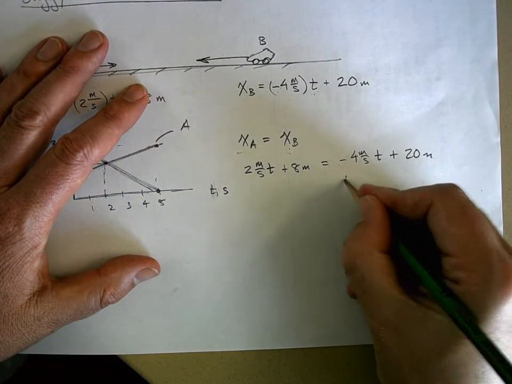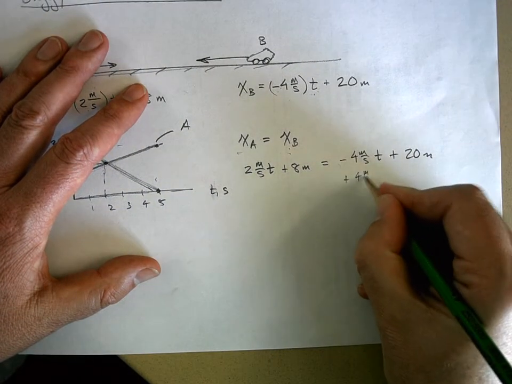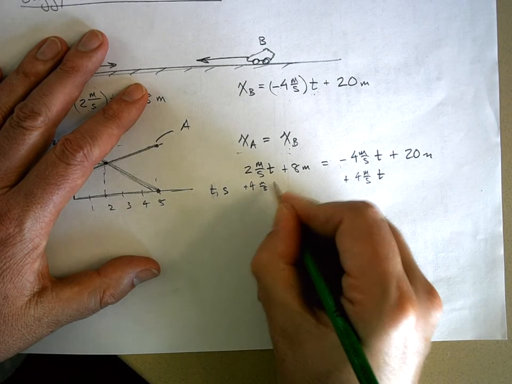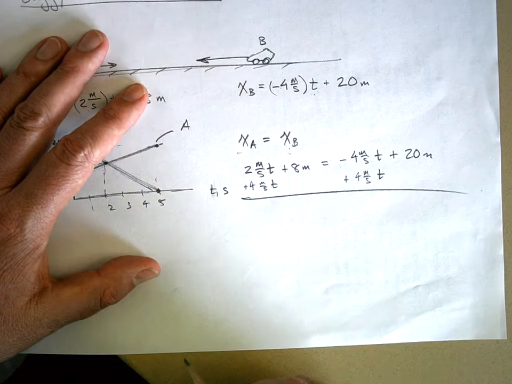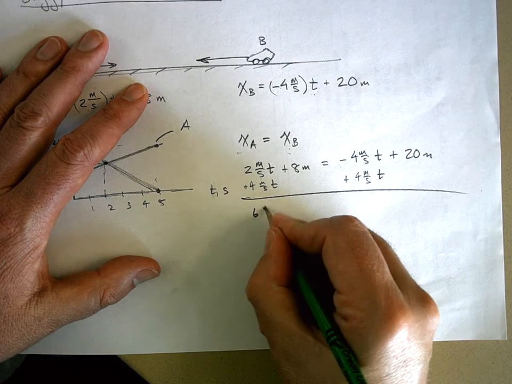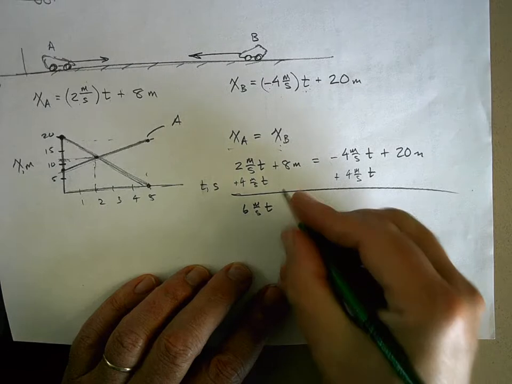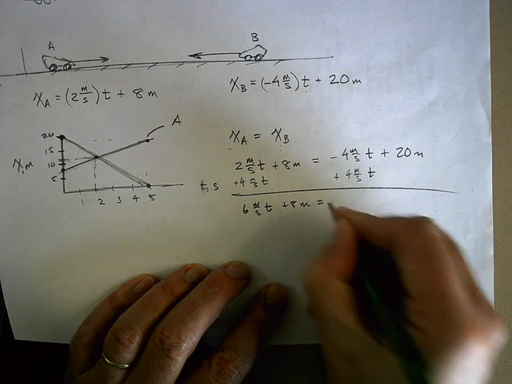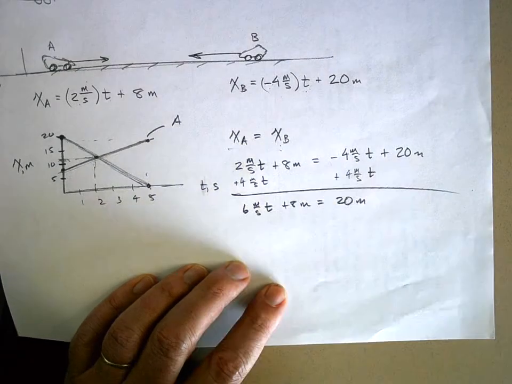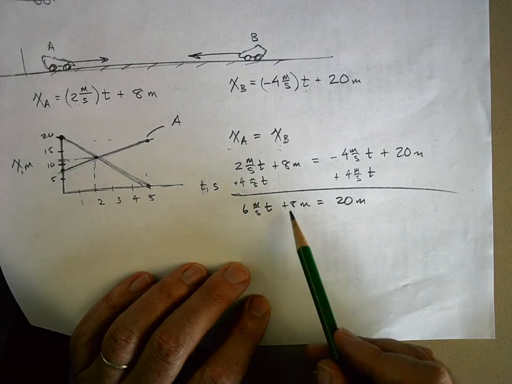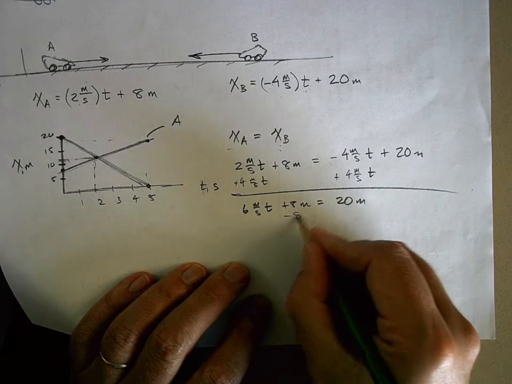First thing I'm going to do is add 4 meters per second times time to both sides. And I get 6 meters per second times time plus 8 meters equals 20 meters. Okay? And then I'm going to subtract 8 meters from both sides.